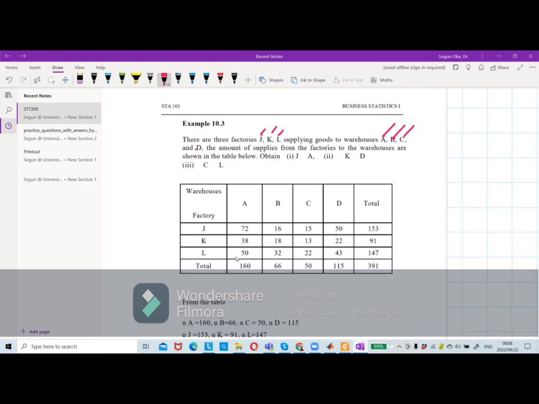Now, number one, we are to obtain J union A. Number two, we are to obtain K union D. And number three, we are to work on L union D.